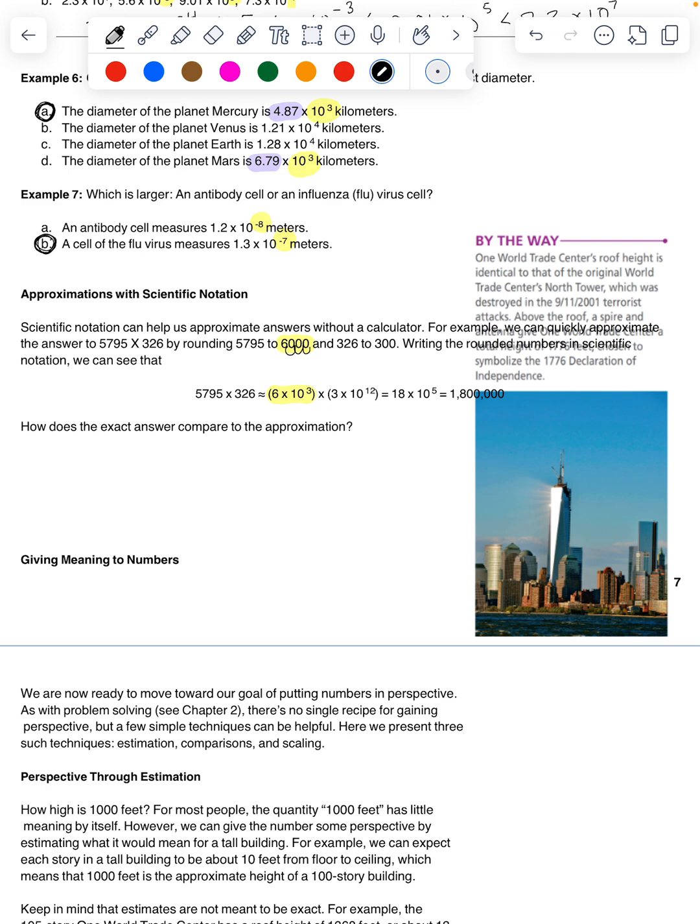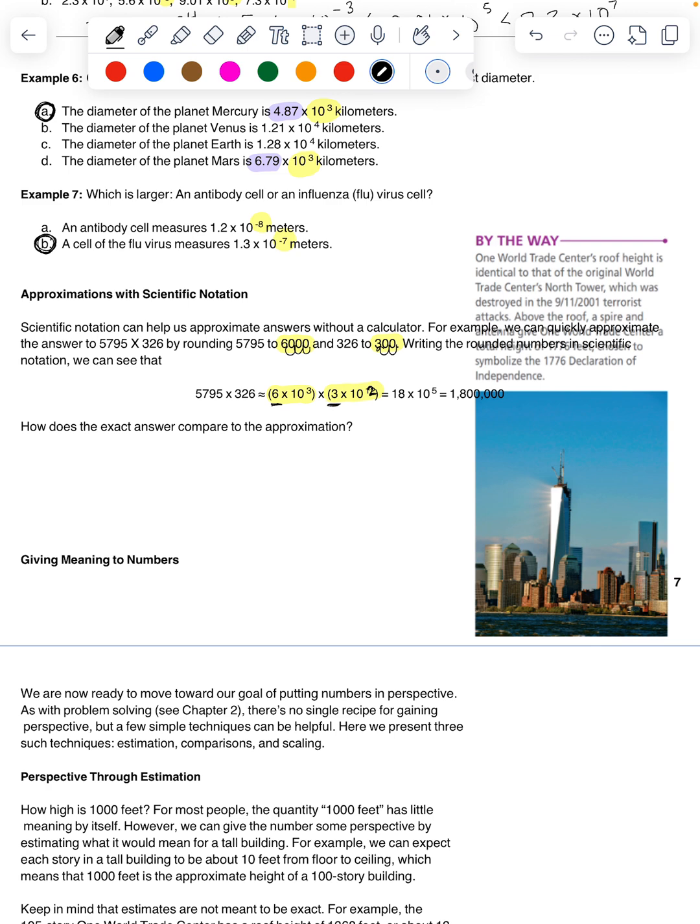And then 300 should be 3 times 10 to the 2nd power, or 10 squared, because we would move the decimal 2 places. So when we have these two pieces of scientific notation multiplied together, what we're going to do is multiply the numbers.